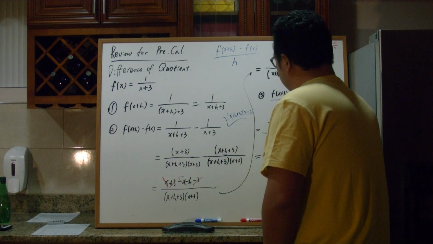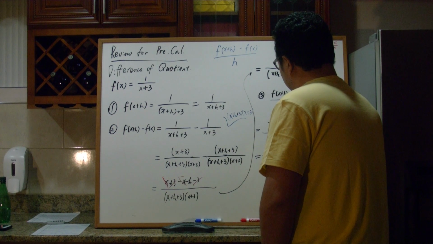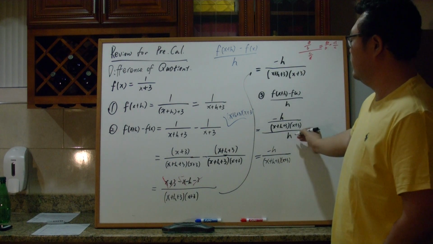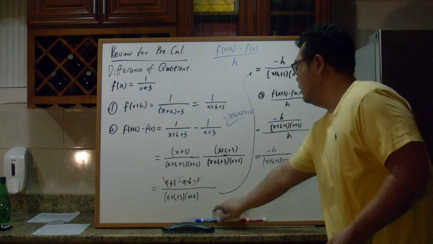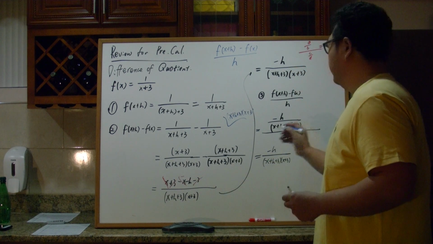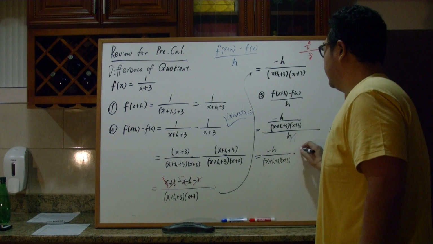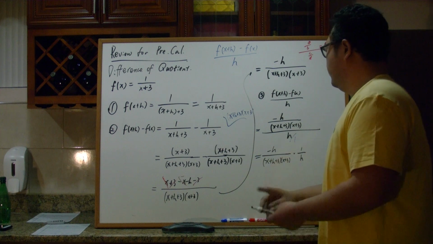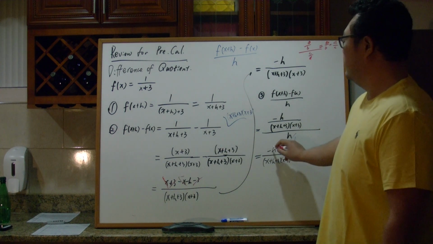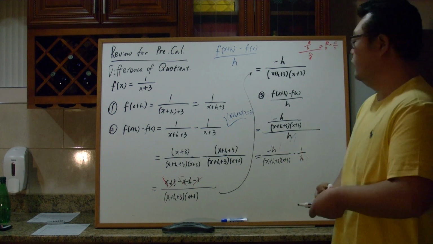Negative h over x plus h plus 3 times x plus 3. The h is the expression h over 1. So when we flip it, it becomes a product with 1 over h, so the h on the numerator and denominator could be crossed out, leaving 1.